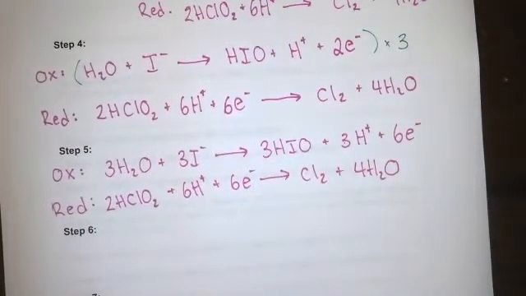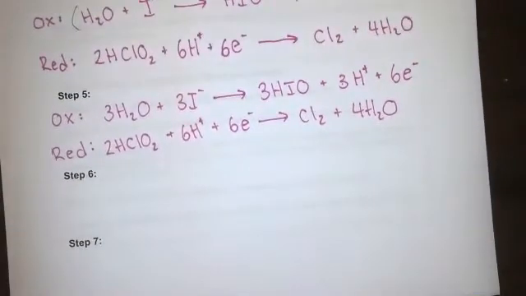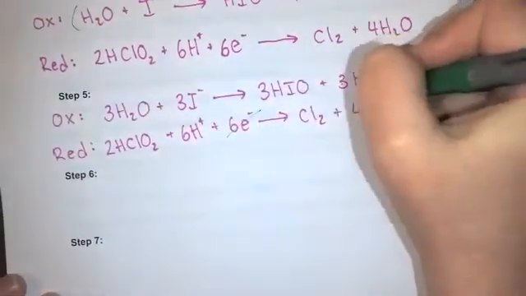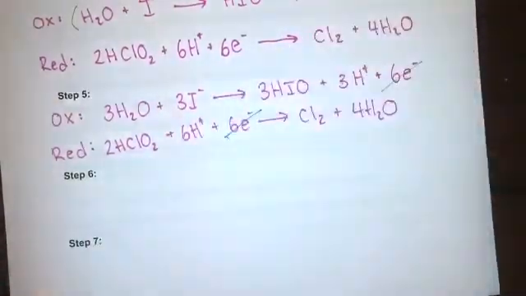Okay, so step 6, I'm now going to add these all together, canceling out my electrons. I should never have remaining electrons in my balanced equation. So this means I'm going to add together all my reactants, add together all my products.